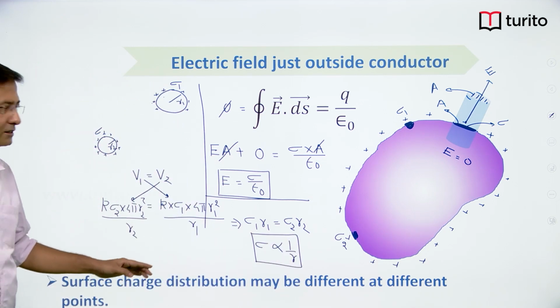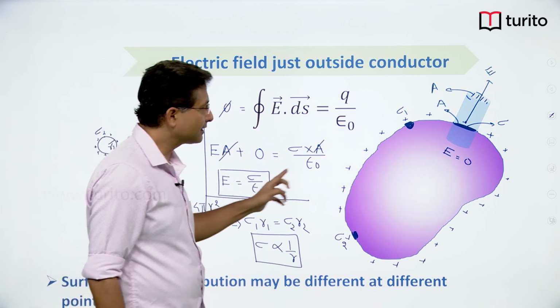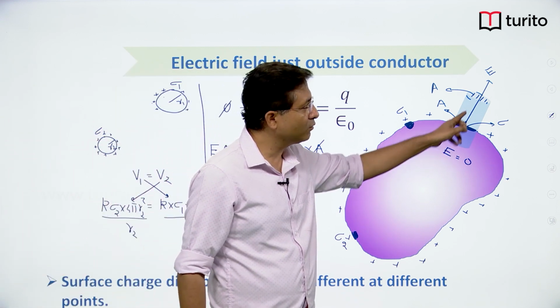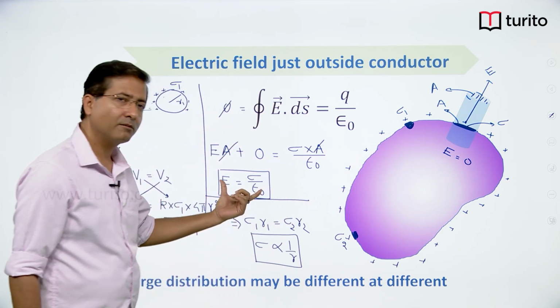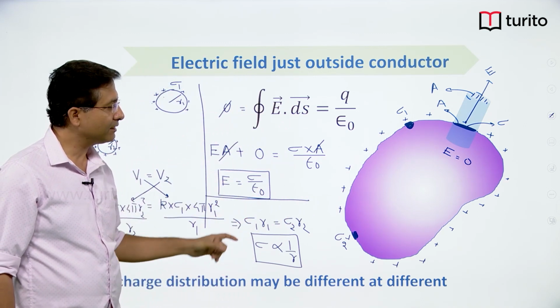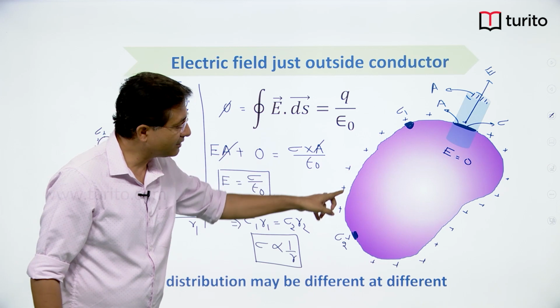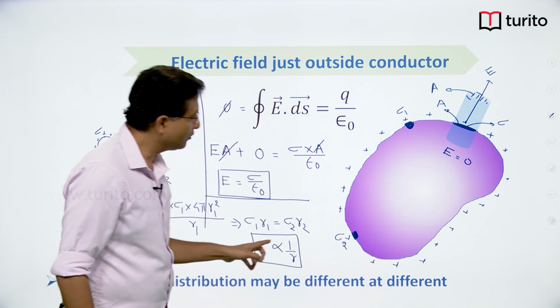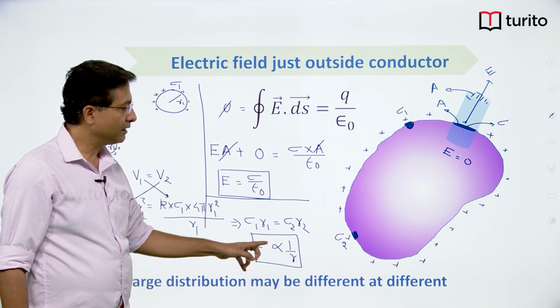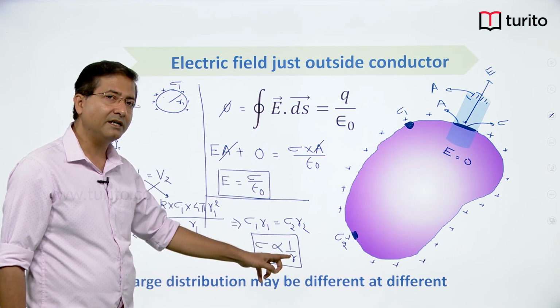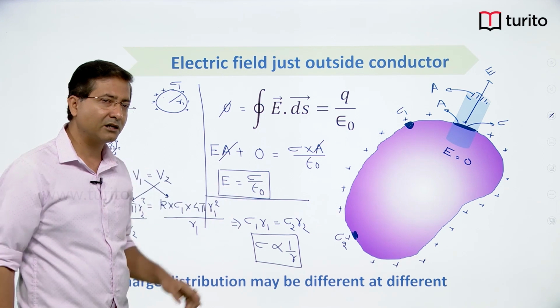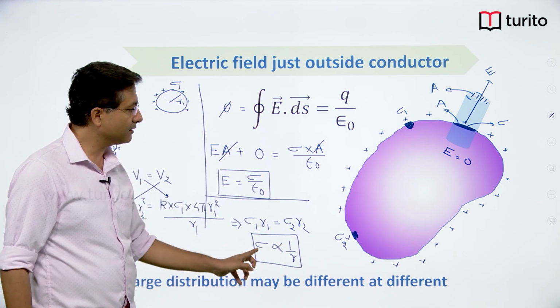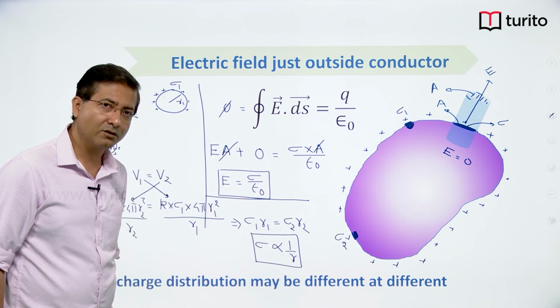So, the 2 points we have seen: first point was that the electric field here depends on the local surface charge density, sigma upon epsilon naught. Second thing we are seeing is that depending on the curvature, you are going to get the surface charge density. If radius of curvature is infinity, for a flat surface, then the surface charge density will be 0.